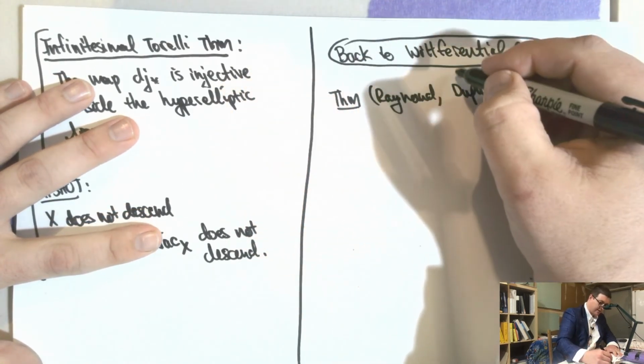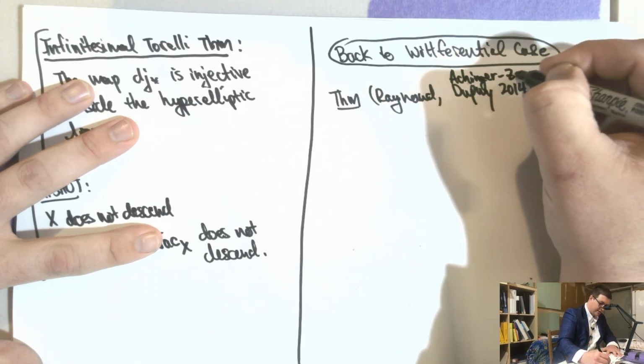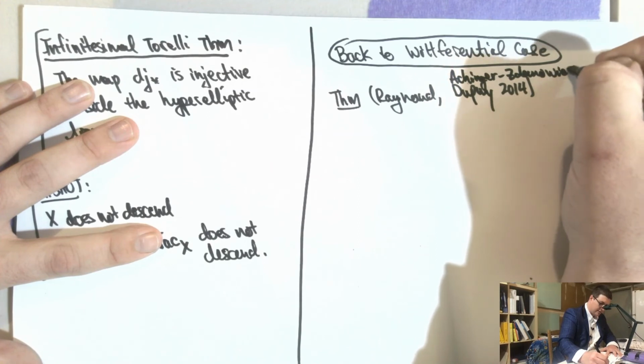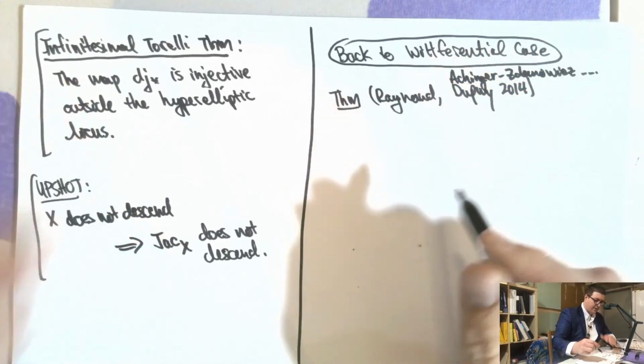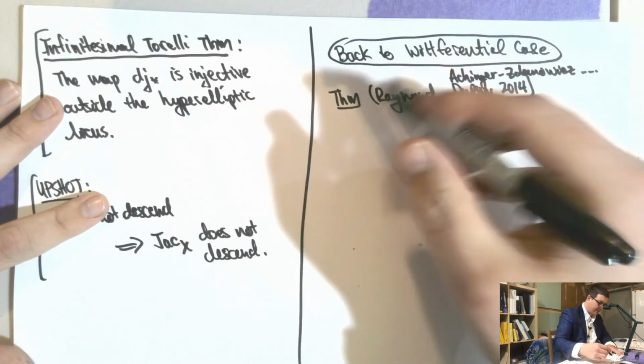You can also look at Oettinger, Zdanowicz. They have a complete characterization of when you have lifted Frobenius. But these are beefier versions of this.